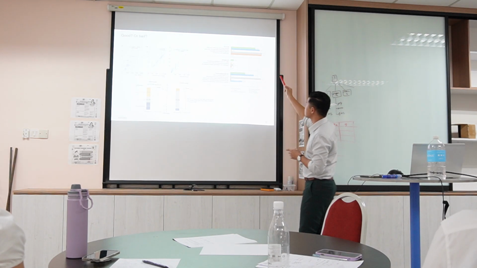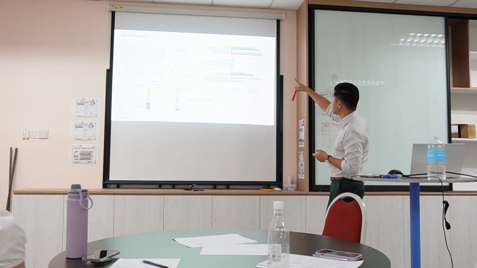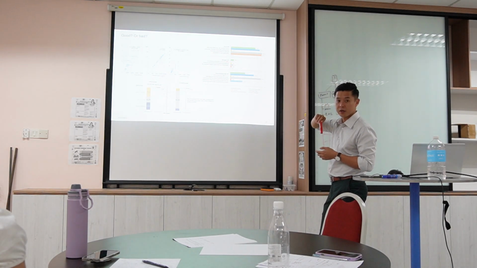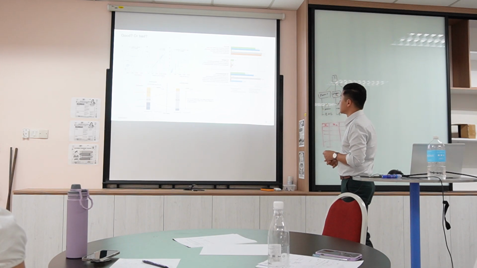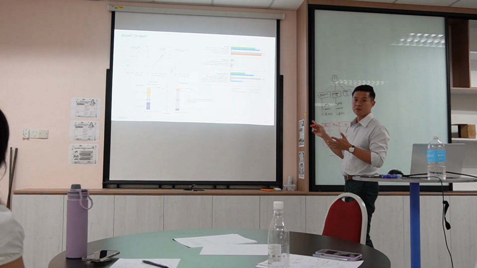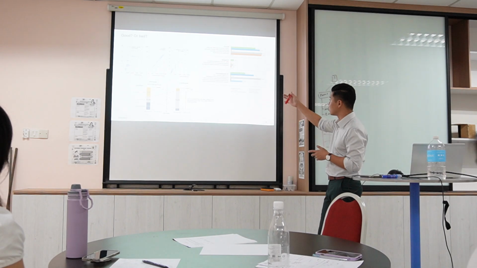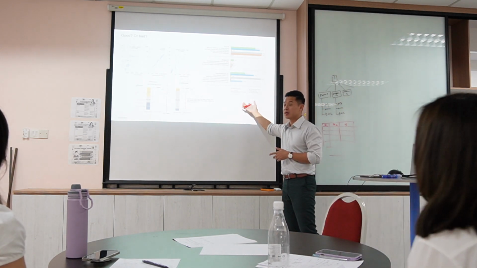Because when the color is so striking, the first thing I'll look at is probably the orange bar. Or in fact, in this case, I'm not too sure, because it depends on how we want to discuss this.